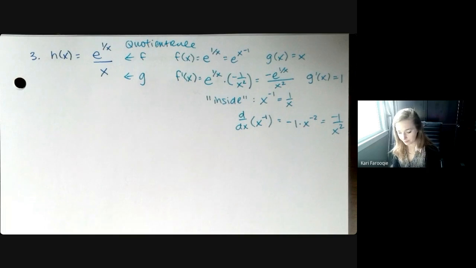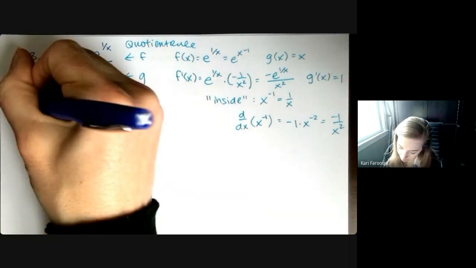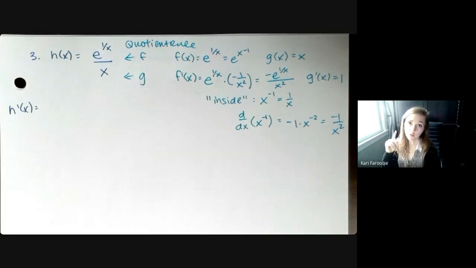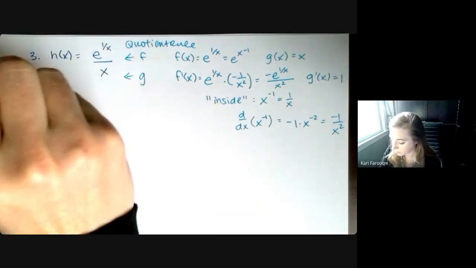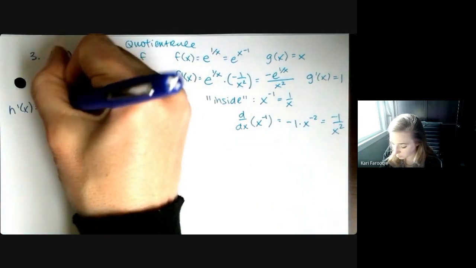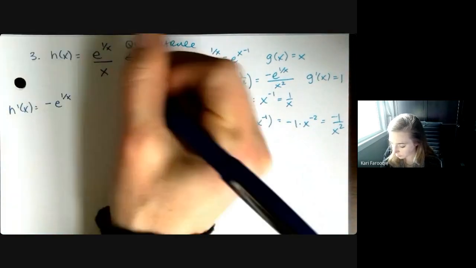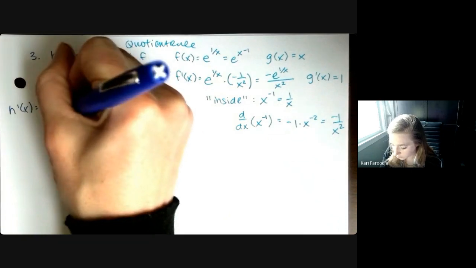But now we have all the components we need, and we can put them together with the quotient rule. So let's do that. H prime is going to be f prime g minus f g prime over g squared. So f prime is that derivative we just found, -e to the 1 over x divided by x squared.